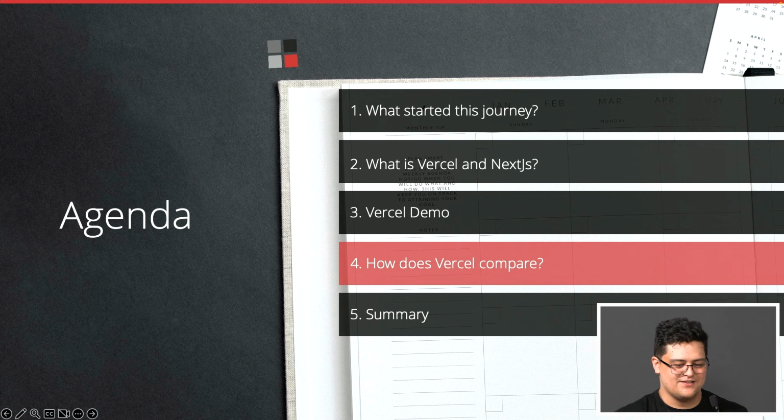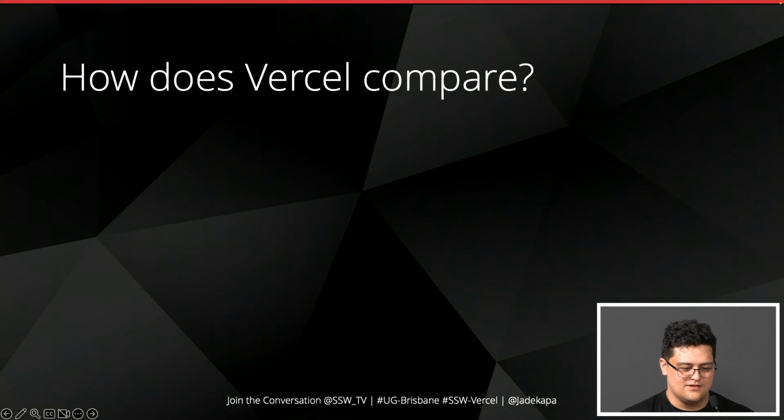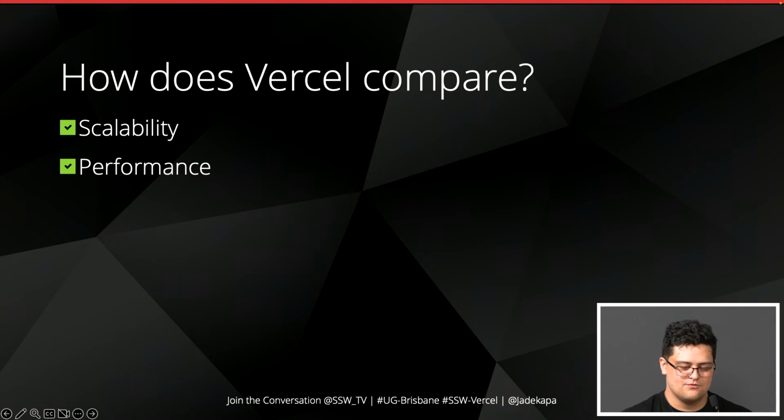So you might be wondering, how does Vercel compare? What are the pros and cons of using it? Well, it's actually quite easy. It's scalability. It has great enterprise features like better logging and including multi-tenant applications. It has great performance. You've seen how quickly you can iterate using Vercel.